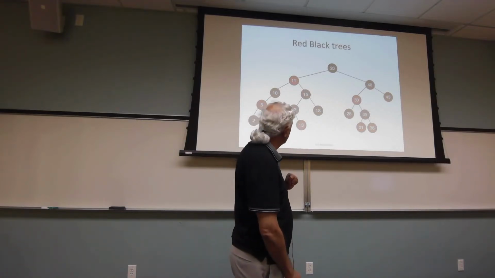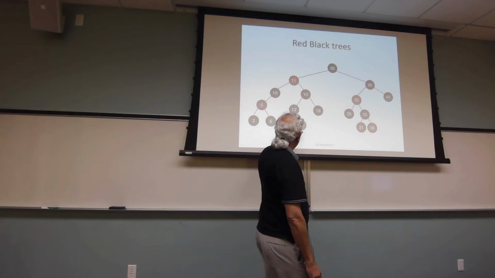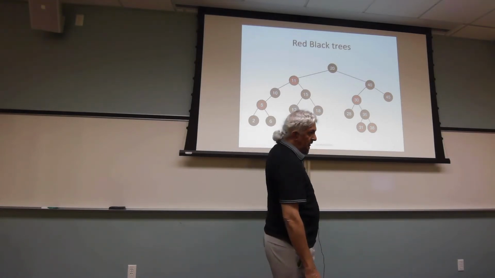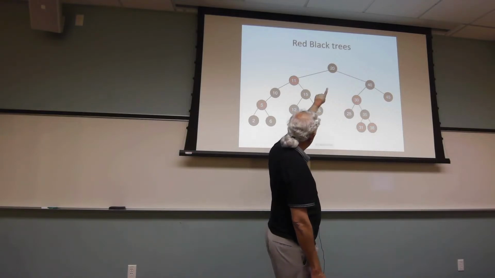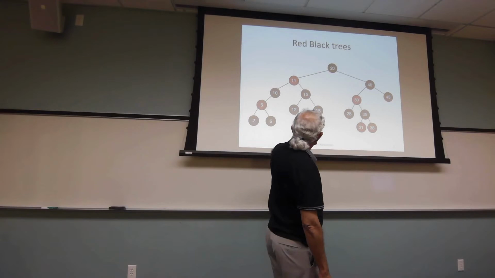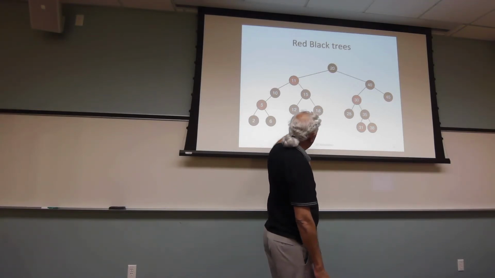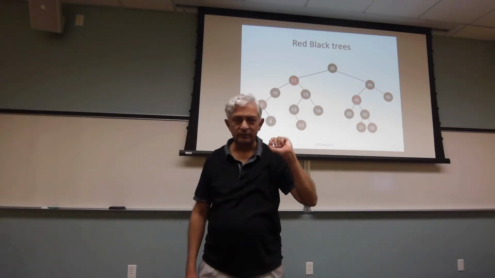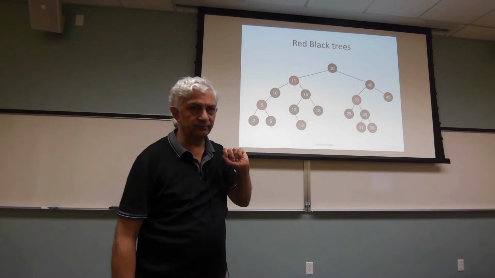And the reason that happens is because red-black trees have essentially 3 simple properties. Every node in this tree is colored either red or black. And the root of the tree is always black in color, and you will never find a red node that's a parent of a red child.